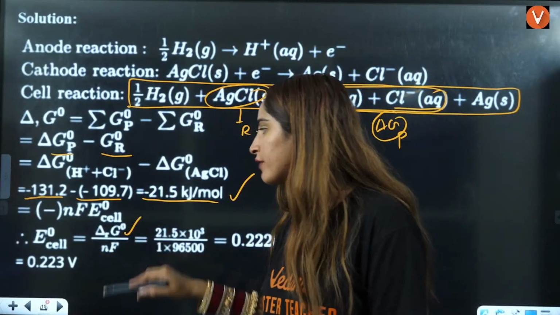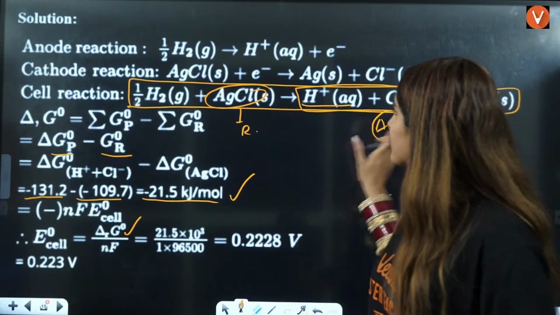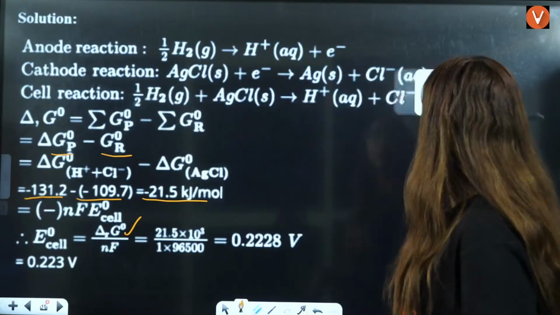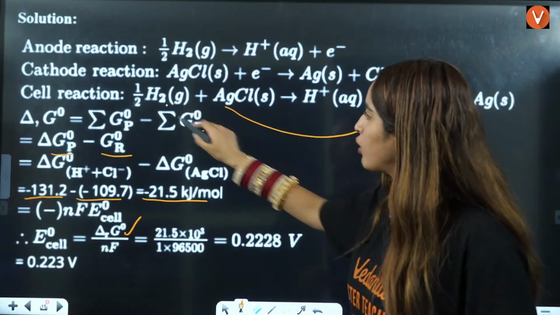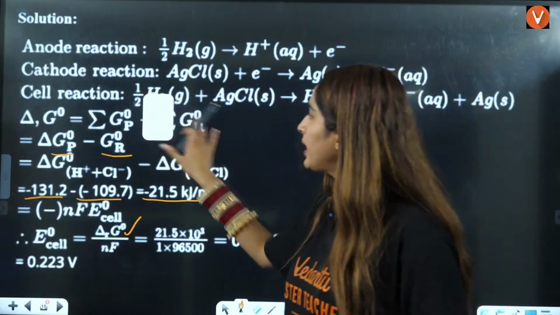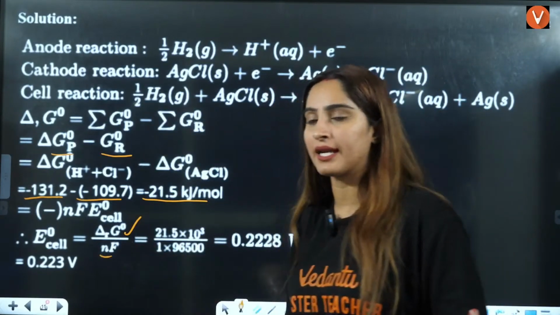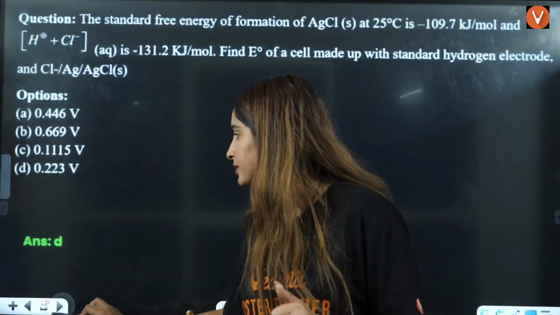From there, put the value of delta G here. Now, ma'am, how to calculate the value of n? So, in this reaction, the number of electrons lost here is 1, and gained here is also 1. So the answer is going to be n is equal to 1. You put all the values here, you will get the answer in bold.